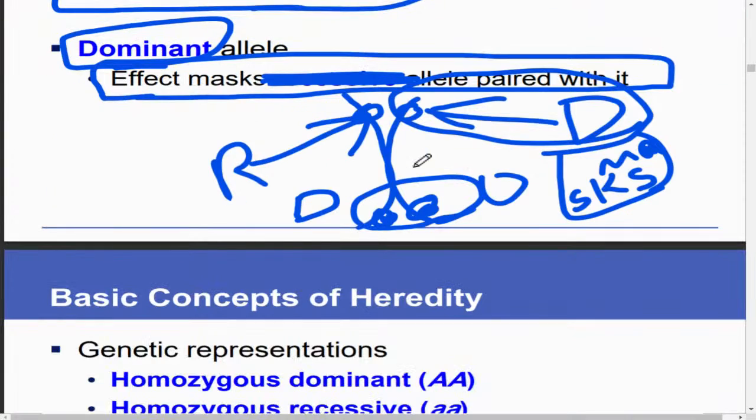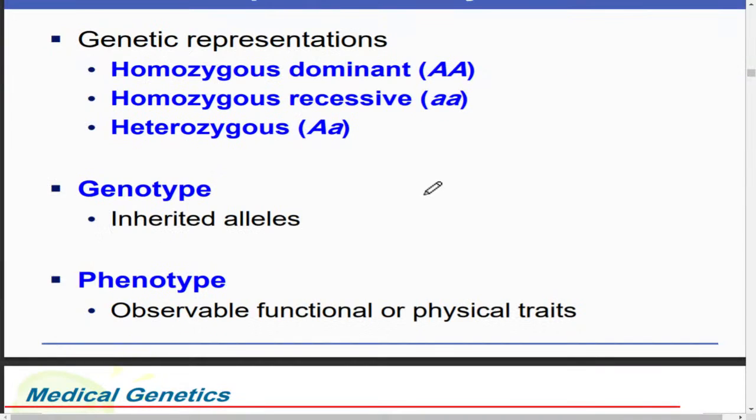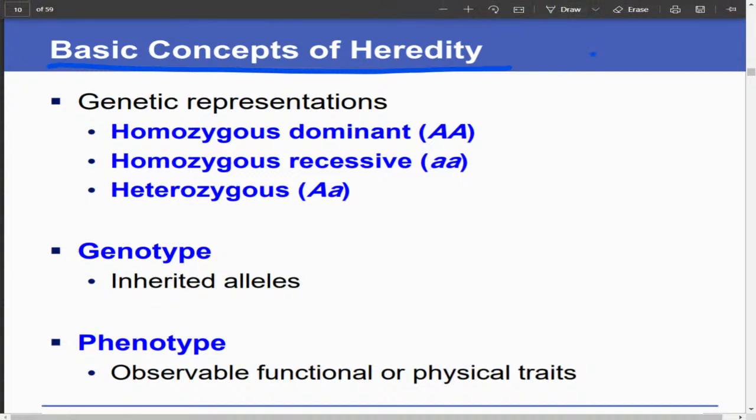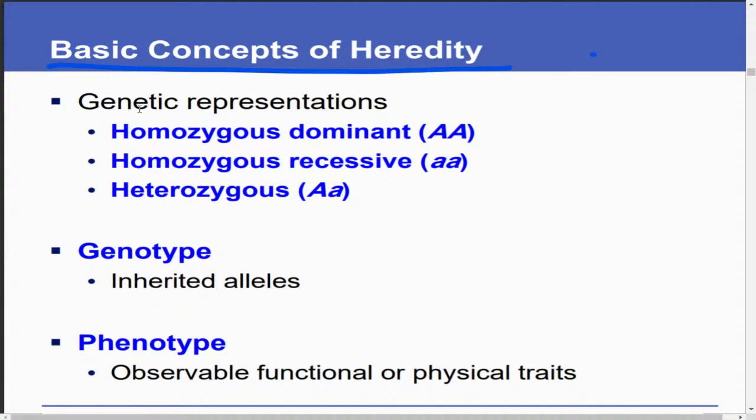Let's move to the next slide now. We have the basic concepts of heredity. As we can see, we have a genetic representation of the recessive and dominant alleles. This is a homozygous, and this is a heterozygous, as we discussed before.